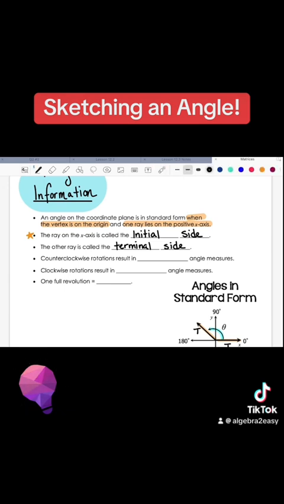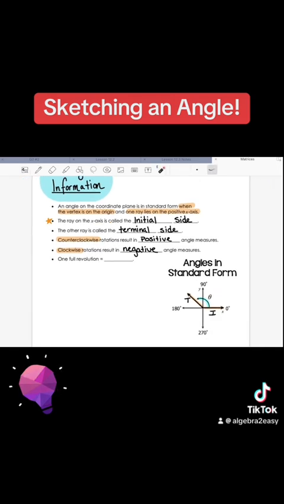If your angle moves counterclockwise, you have a positive angle measure. If your angle moves clockwise, you have a negative angle measure. And one full rotation from the initial side all the way around is equivalent to 360 degrees.